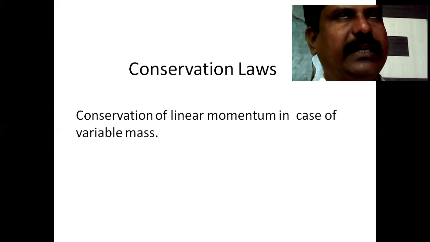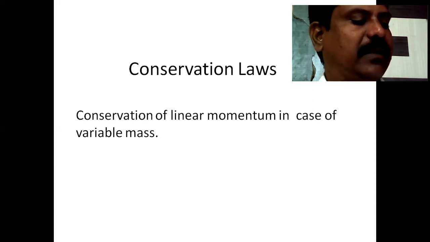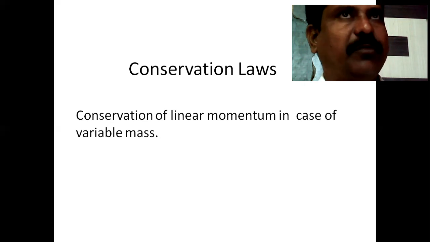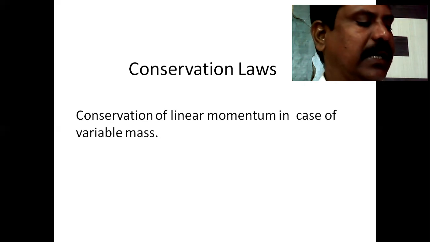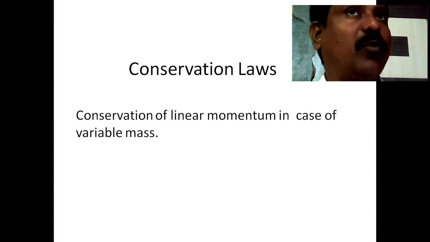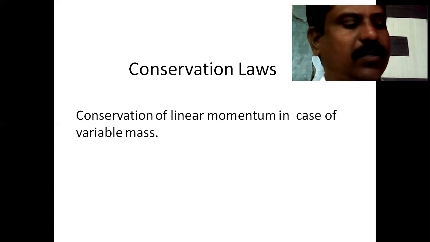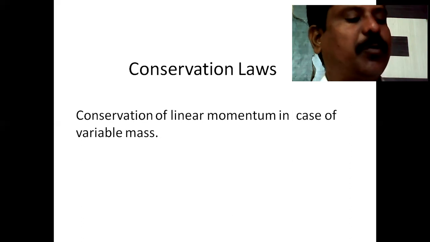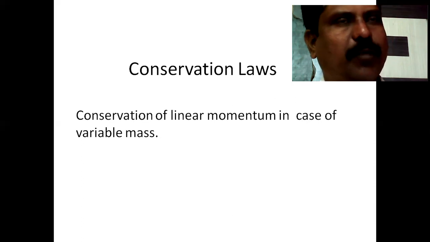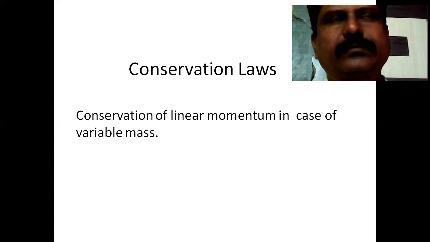The gas is ejected out at one end of the chamber, and due to that, it provides thrust to the rocket. This propels the rocket in the opposite direction. So this is the simple principle of a rocket.